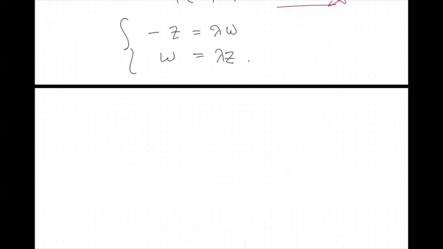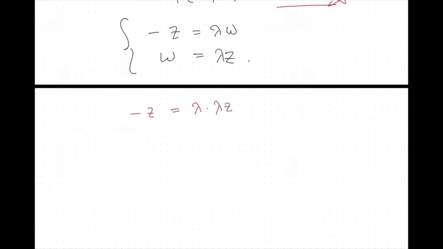So if we substitute, we get negative z is equal to lambda, and w is lambda z.